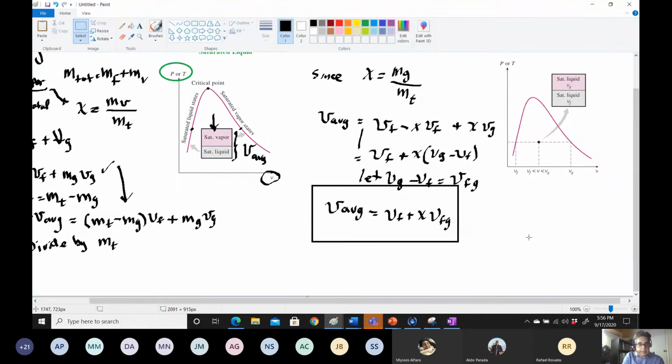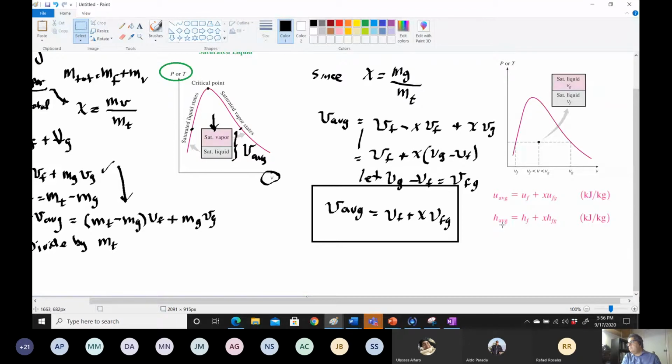So I gave you how to calculate specific volume given a quality, x. But you can also solve, if you want to find the average internal energy, it's the same calculation.